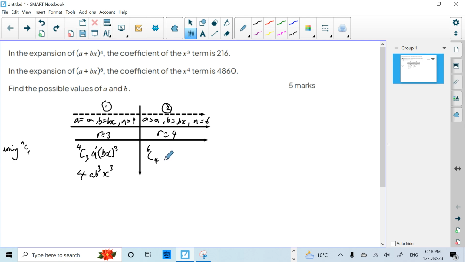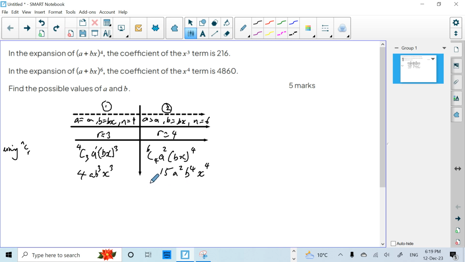And I've got a to the n minus r, which is a squared, times bx to the power of 4 by substitution. That gives us 15a squared b to the power of 4 x to the power of 4.